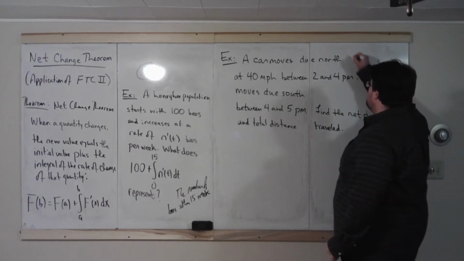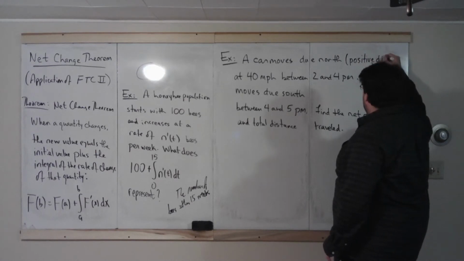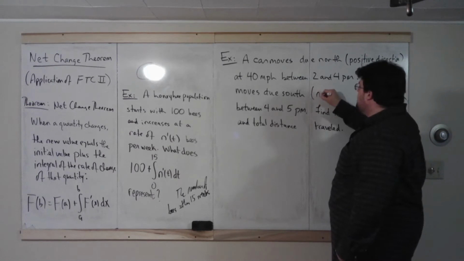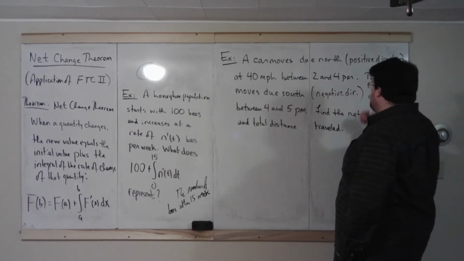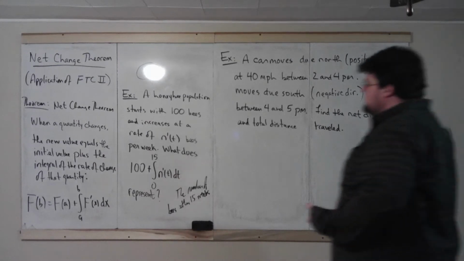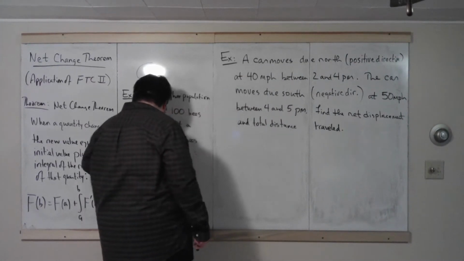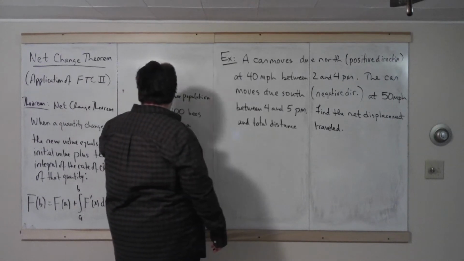Car moves due north, I'm going to call that the positive direction. Car moves due south, I'm going to call that the negative direction, which is a long word, so DIR works with that spacing. That tells us which is the positive direction, which is the negative direction.